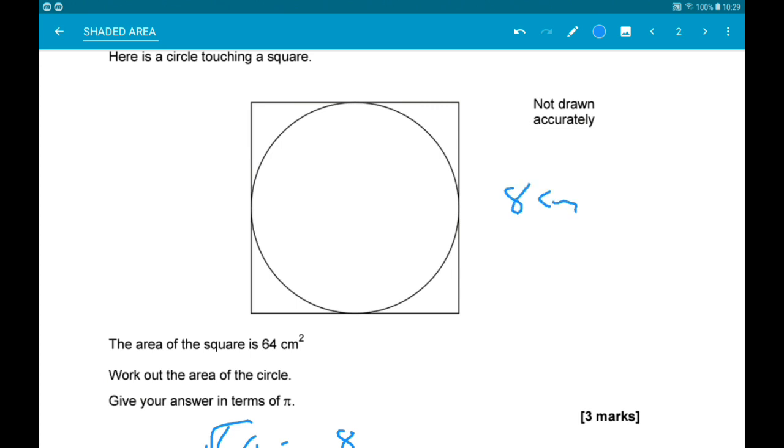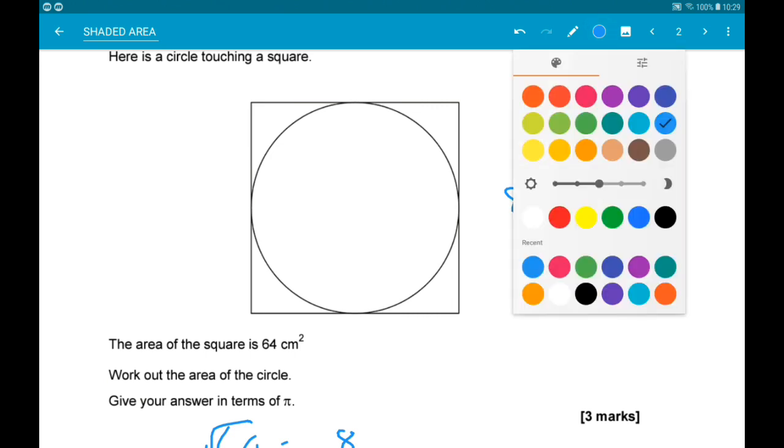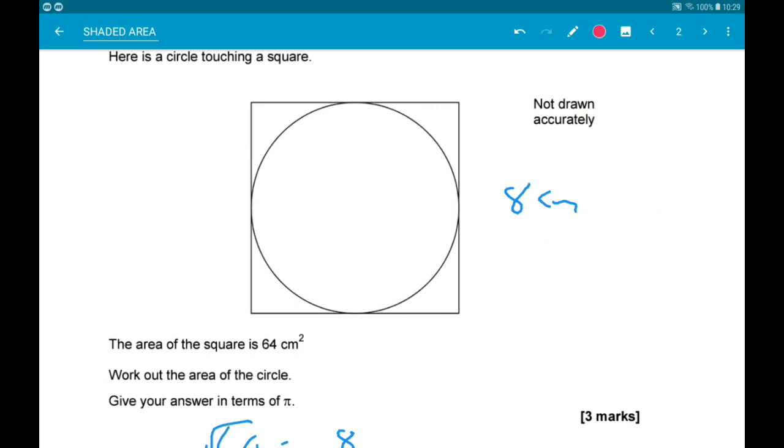Now, the formula for the area of a circle is pi times the radius squared. The radius of the circle is going to be half the side length of the square. So the radius of the circle is 4 centimeters.